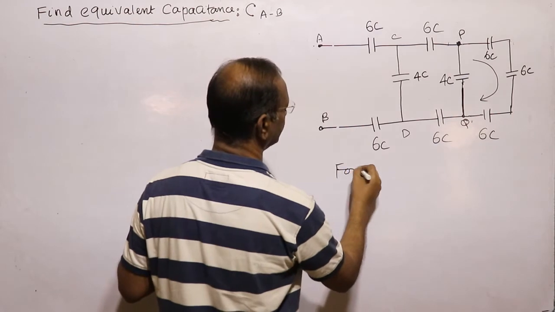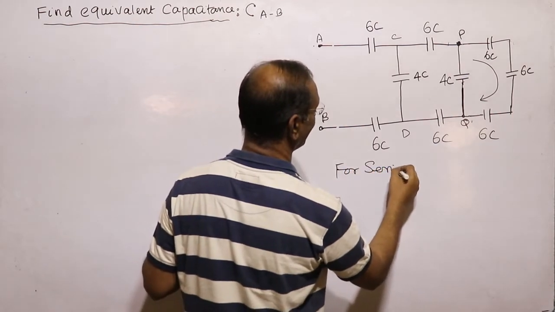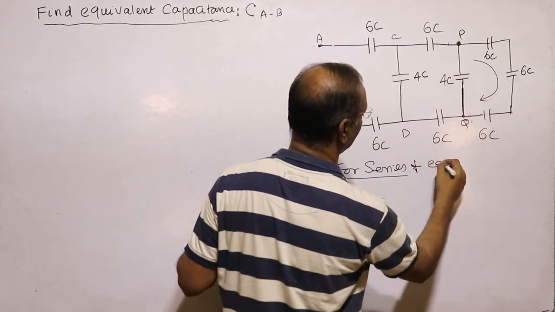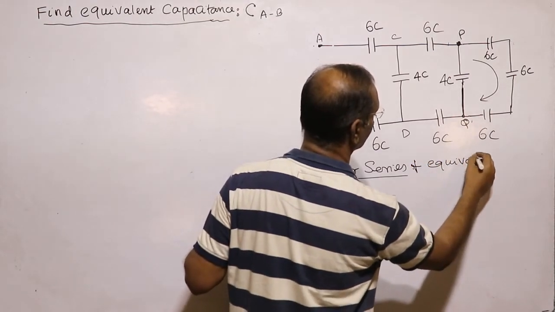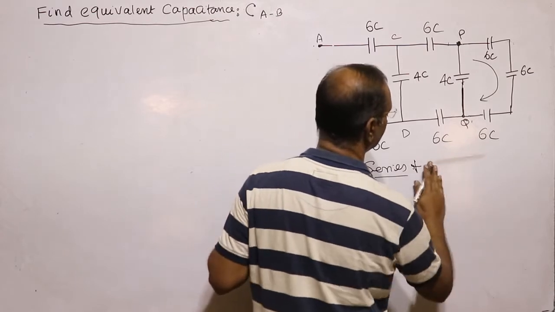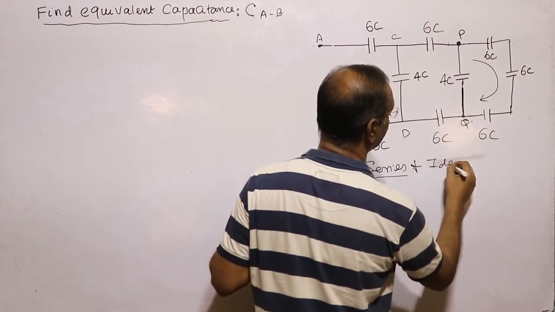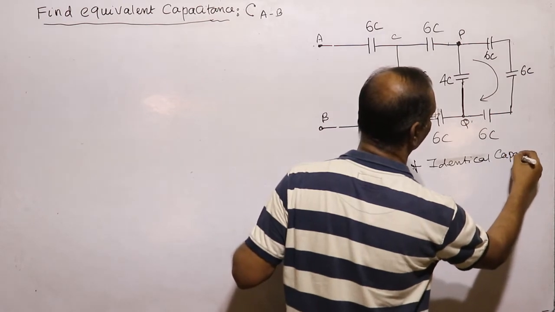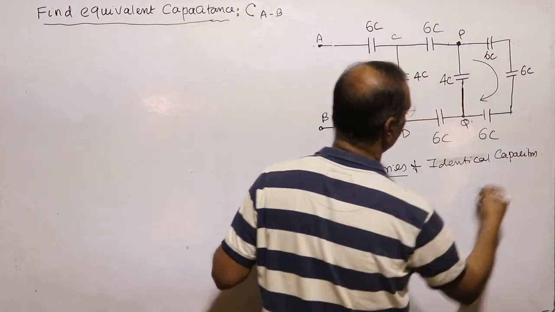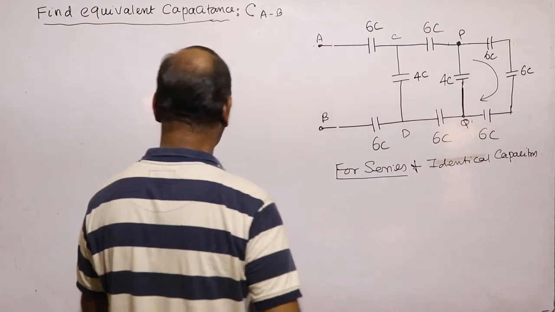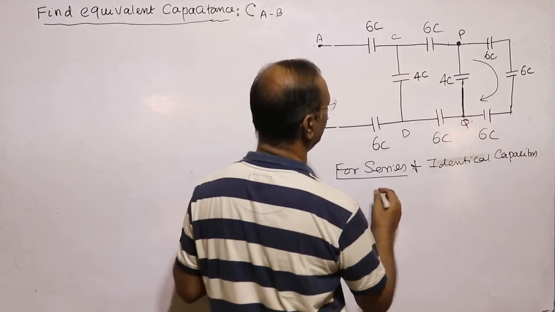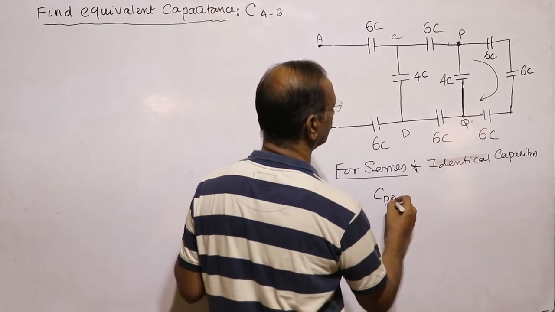For a series connection of identical capacitors, we can take the C equivalent between P and Q as follows.